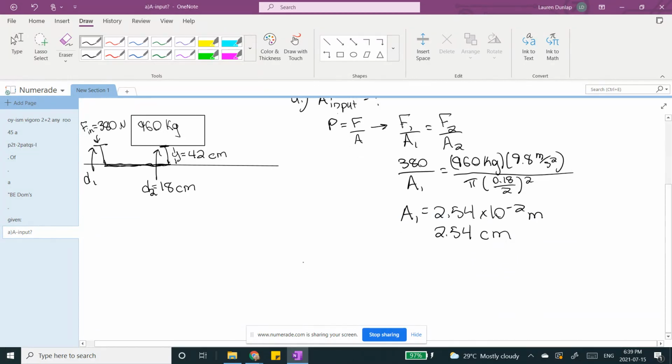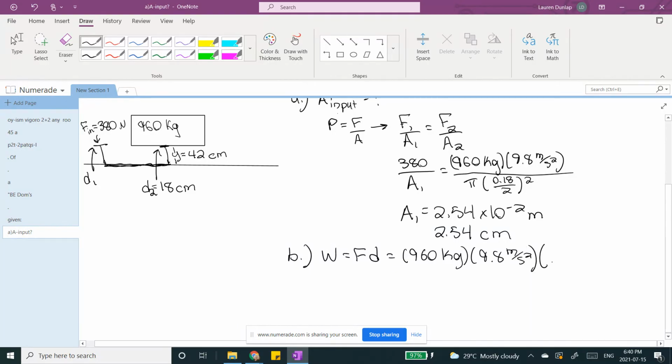For part B of this question, we are asked the work done when lifting the car. So for this, we're going to use the equation that work equals force times distance. And we know that our force is 960 kilograms times 9.8 meters per second squared.